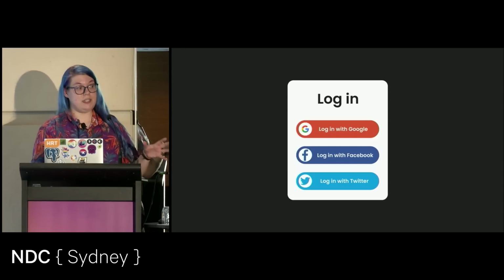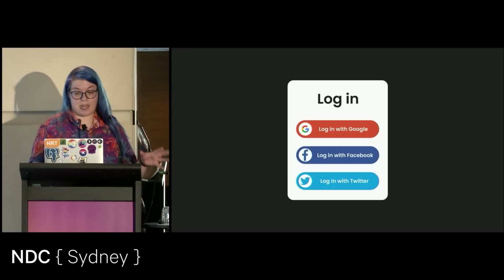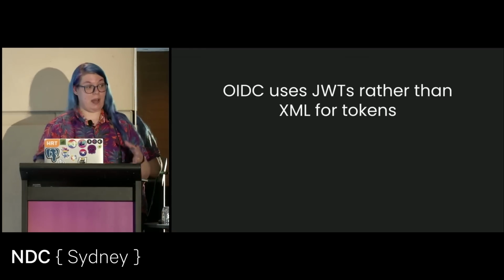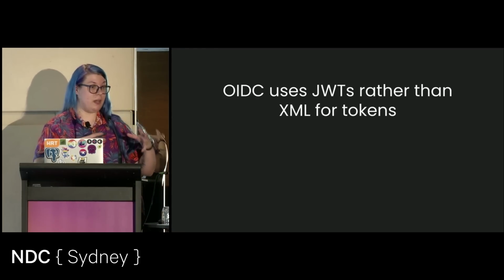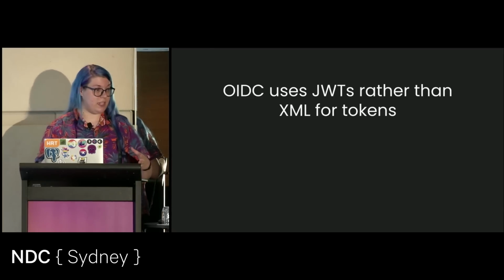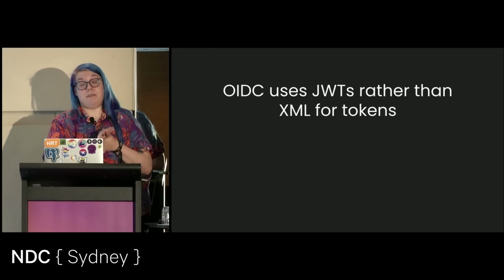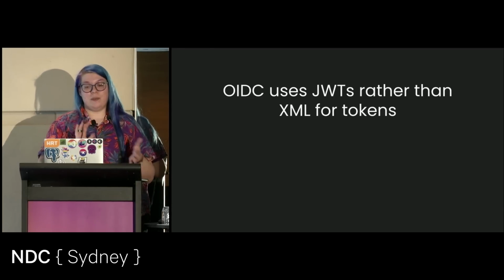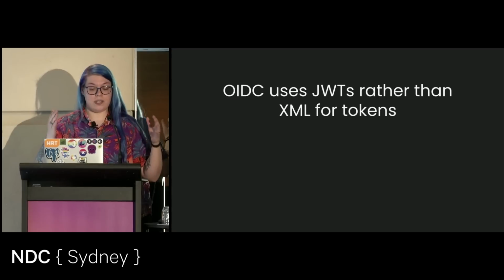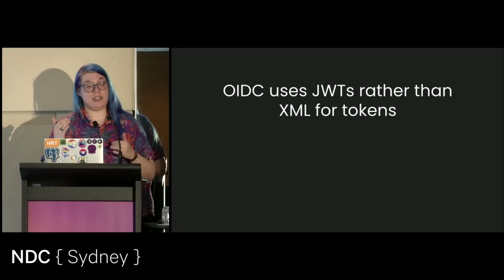So the main differences between OIDC and SAML are as follows. OIDC uses JSON web tokens rather than XML to encrypt and transmit data and claims about who a person is and requests for that authentication. This is better because, while JSON web tokens have various vulnerabilities, they are standardized in a way that XML data cannot be.